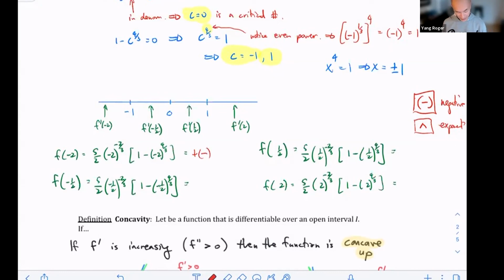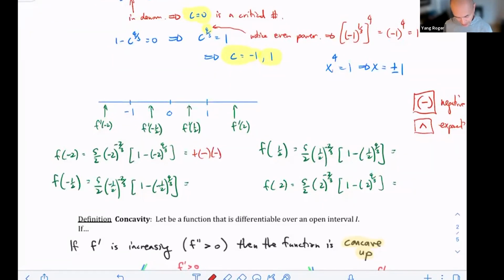Then I can do 1 minus parentheses, -2, close parentheses, to the 4/3. And this part also gives me a negative number.